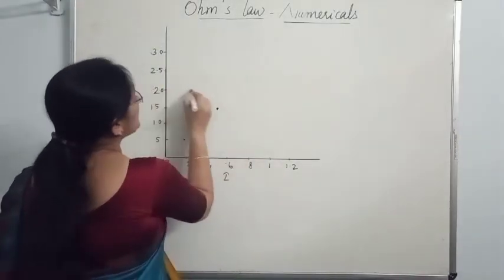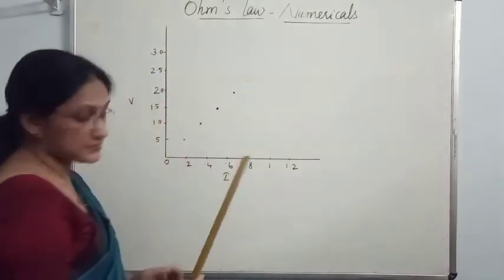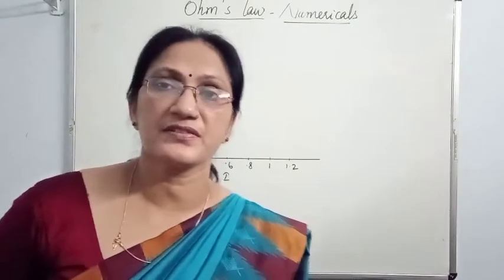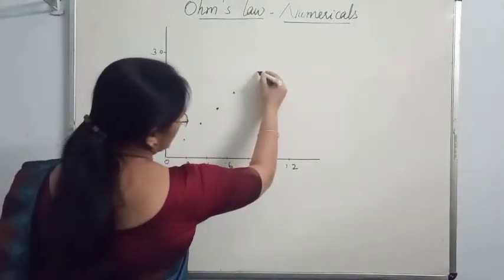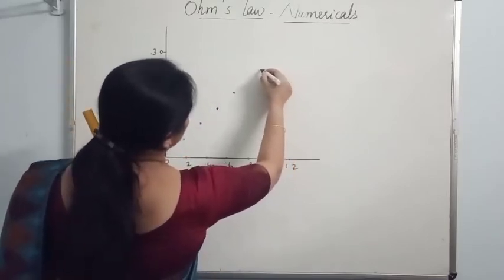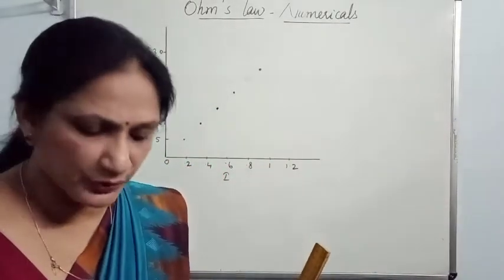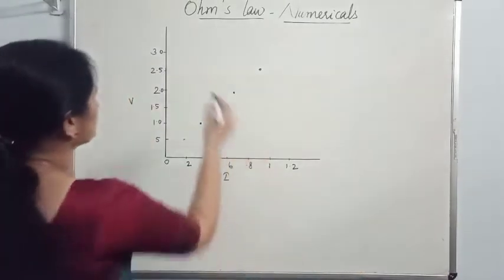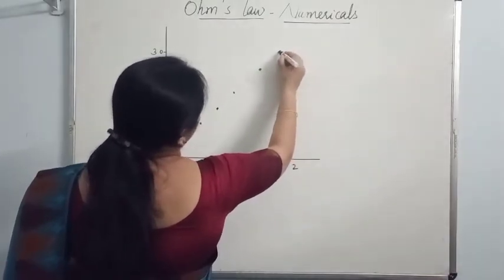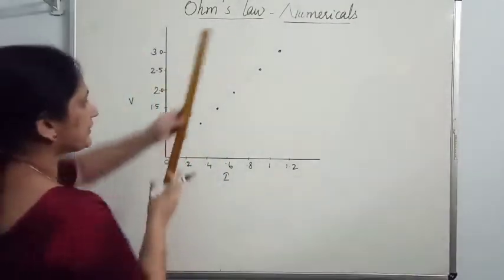Next, when current is 1, potential difference is 2.5. Next, when current is 1.2, potential difference is 3. So these are the graph points, and when you join these points, you will get a straight line.